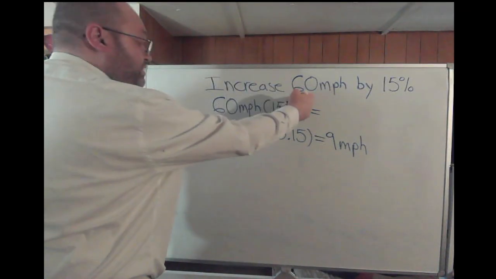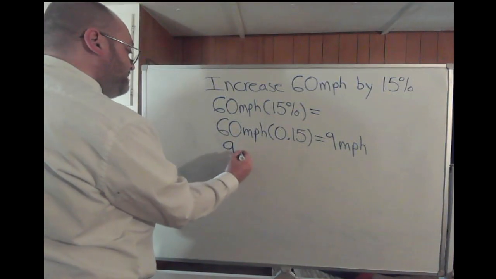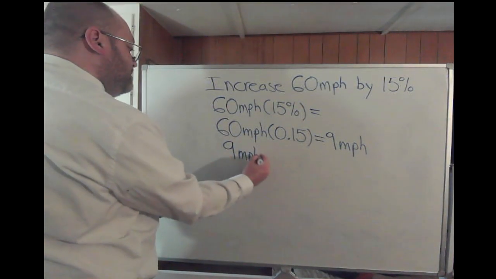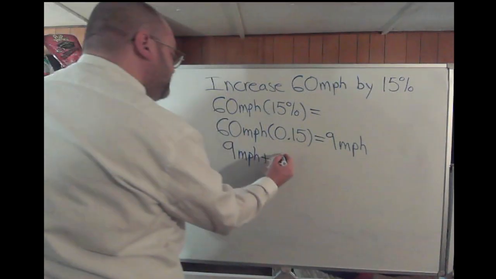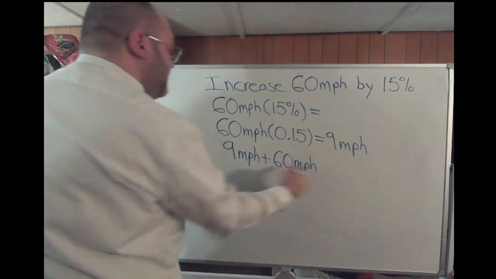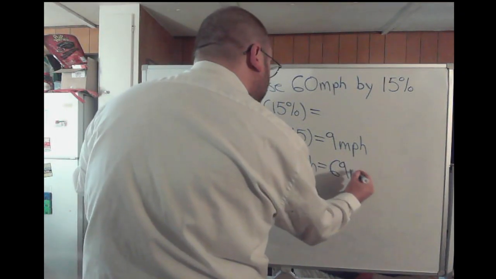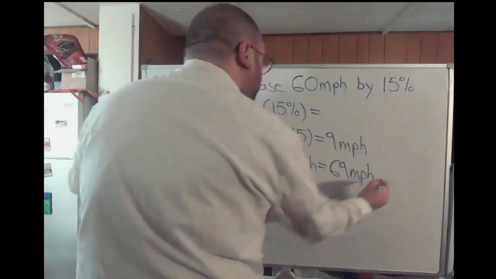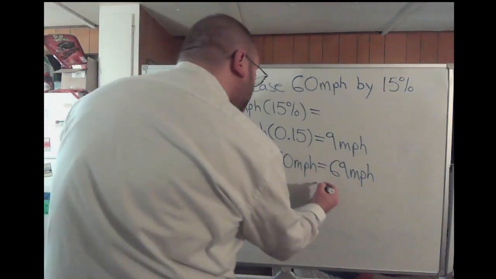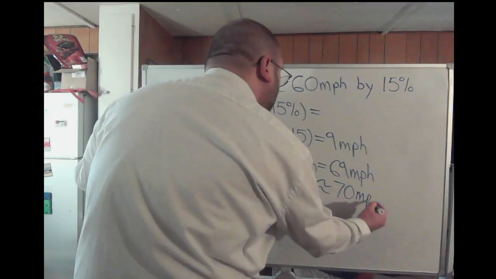Now you need to increase that 60 miles per hour by that much. So what you'll do is you'll take your 9 miles per hour, you'll add that to 60 miles per hour. And of course 9 plus 60, that's 69 miles per hour. That would be the new speed limit. Which, since it's a speed limit, we can say that'd be approximately 70 miles per hour.